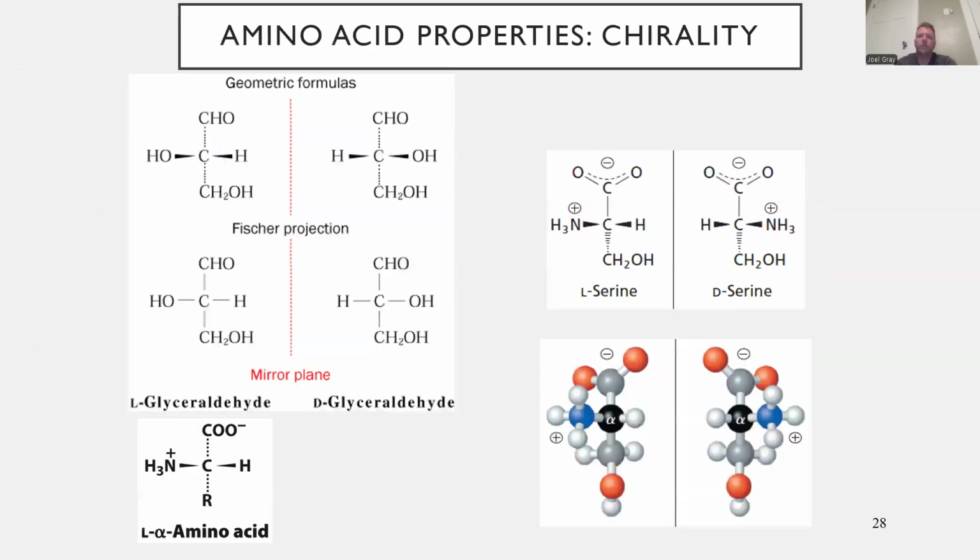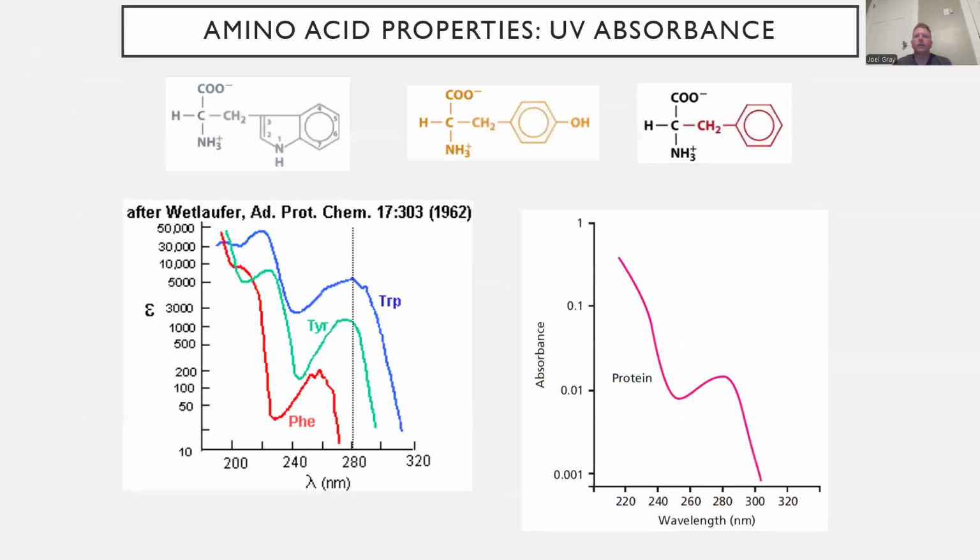And there you go. Now, there's some other important things to know about amino acids. Just like when we talked about sugars, we talked about L and D sugars. The difference is that D sugars are predominant, whereas L amino acids are the predominant form of your amino acids. Other amino acids have unique features in that they can absorb light within the UV range.